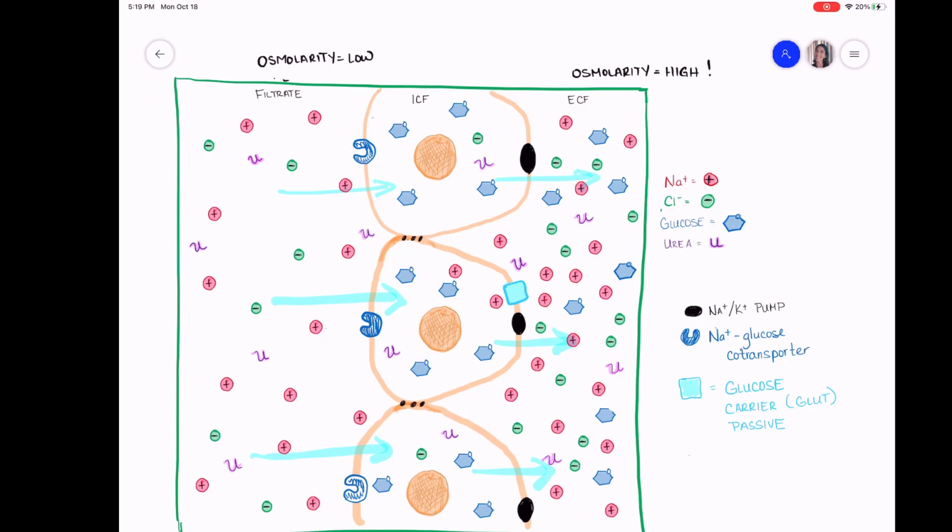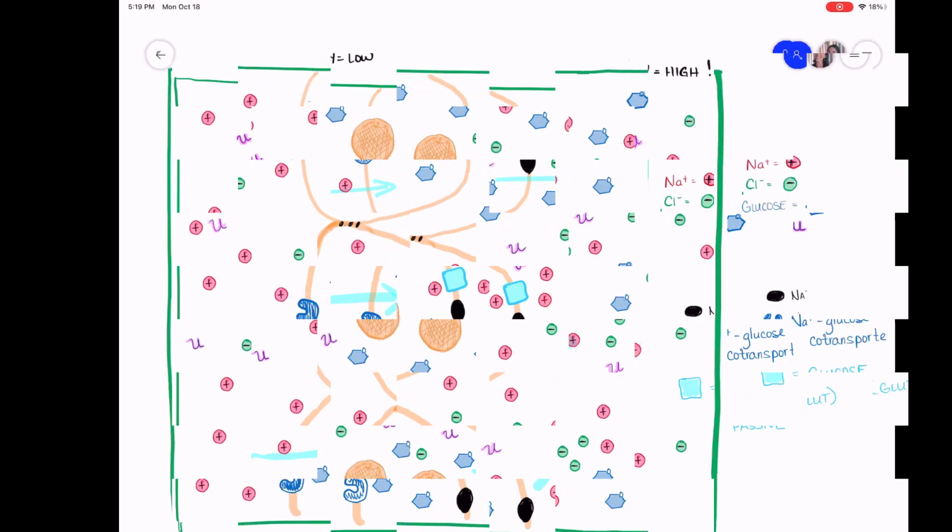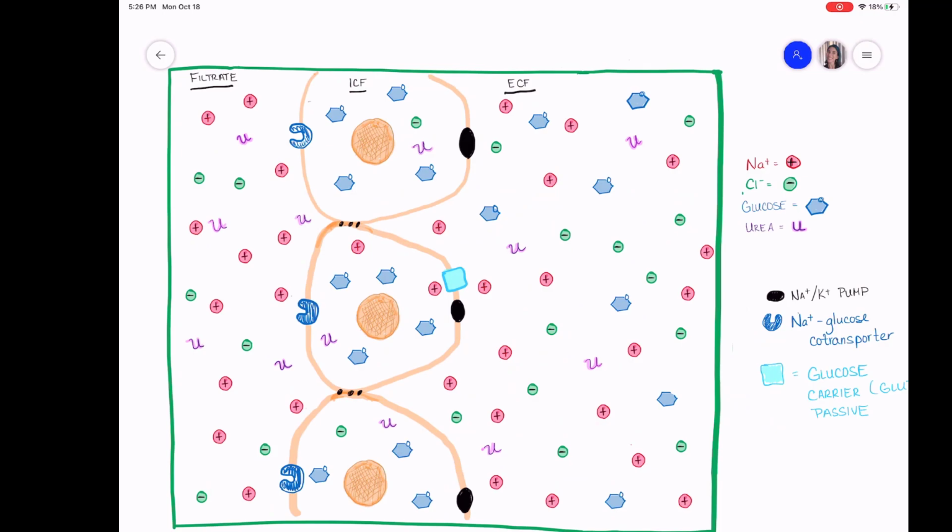So I can redraw that by changing the size of my filtrate and ECF as shown here. And by changing the sizes of my filtrate and my ECF, I condense the solutes in the filtrate and give the solutes in my ECF more room to spread out, such that the distribution of solutes looks almost the same and my osmolarity is equal.